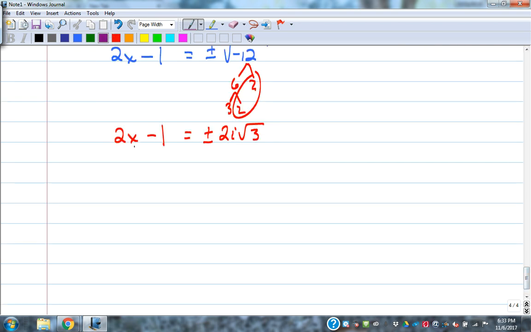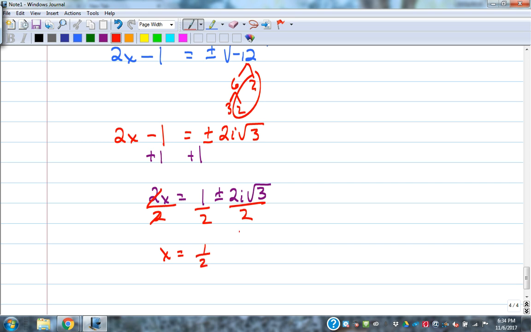Let's get x by itself, so you add 1. This 1 is not like this other stuff because this 1 doesn't have an i or a radical. So it's 2x is equal to 1 plus or minus 2i radical 3. And the last step would be divide everybody by 2.